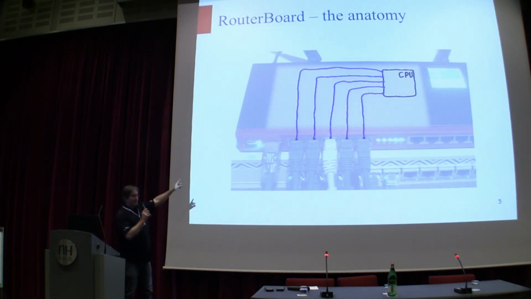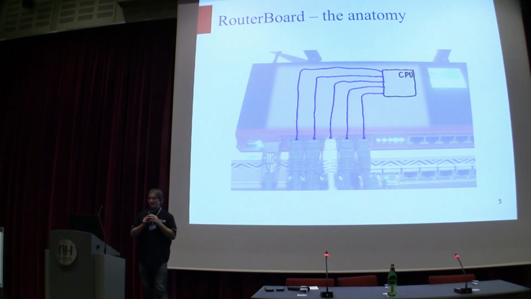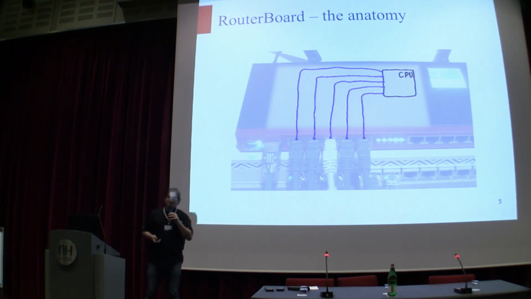If we look inside our router board, this is RB2011, but it could be RouterBOARD 751 or 951. Many of you probably got your free router board yesterday or this morning. It looks almost the same in the middle. The physical ports are connected by internal virtual wires to the CPU.